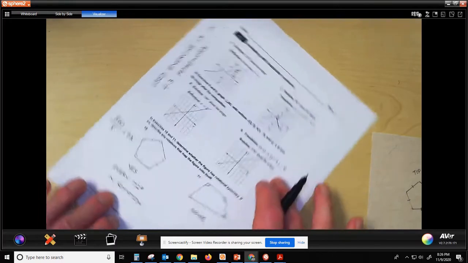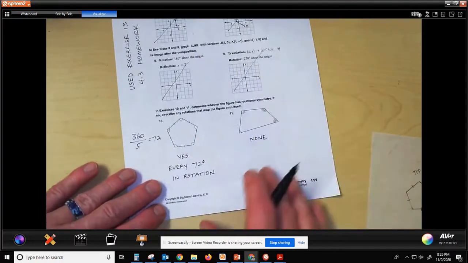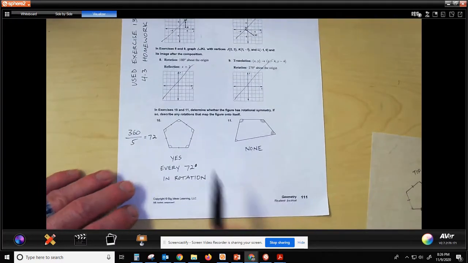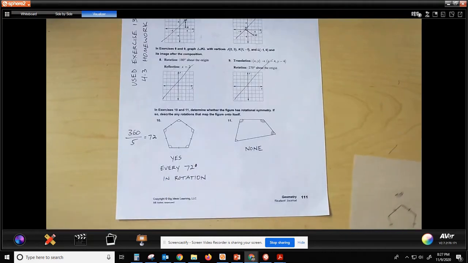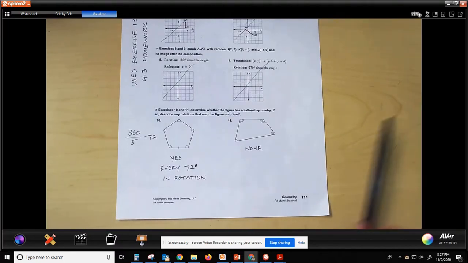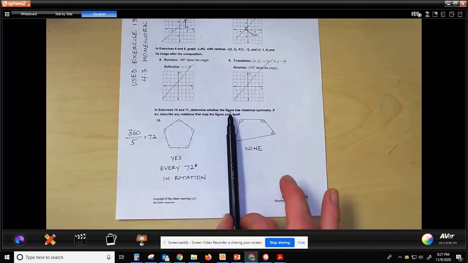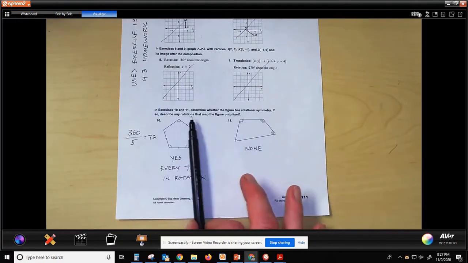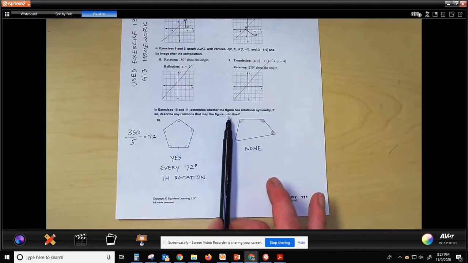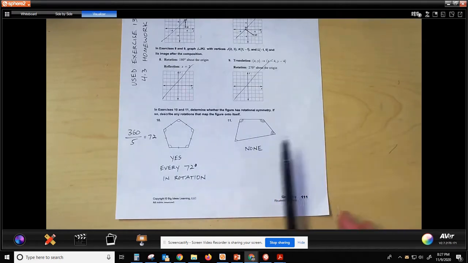I want to show you these last couple. There's a couple in the book that talk about rotational symmetry. We had an illustration using an equilateral triangle. The question says, determine whether the figure has rotational symmetry. If so, describe any rotations that map the figure onto itself. This one is a goofball.